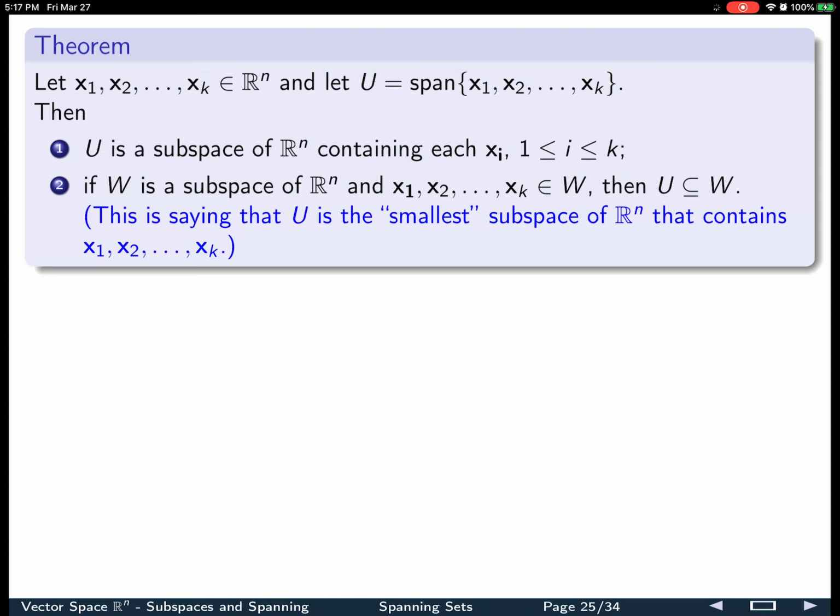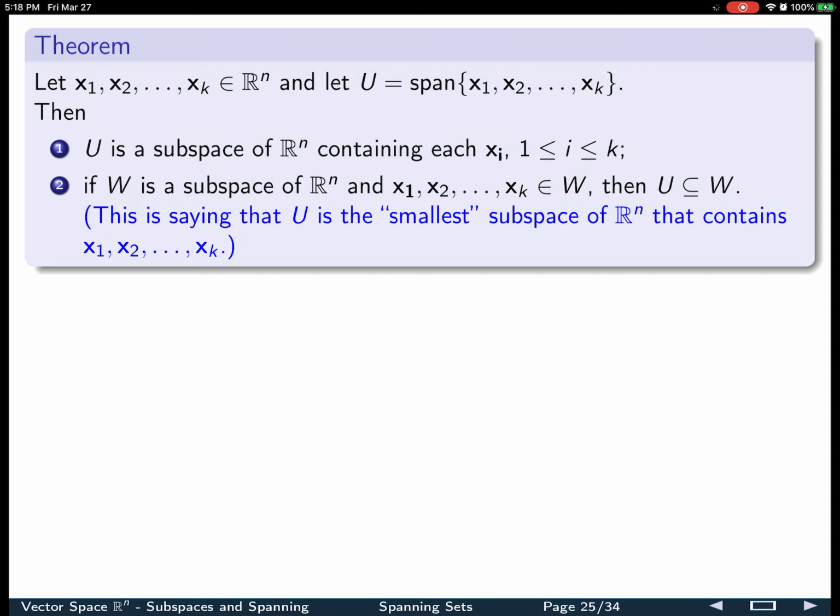Here we go. This is phrased as a theorem. If we have k vectors, x1 through xk, and we have a set U based on their span, U is a subspace of Rn. Definitely, if you're just looking at the span of vectors, the zero vector will be in there, and all of the linear combinations of the vectors will be in there.